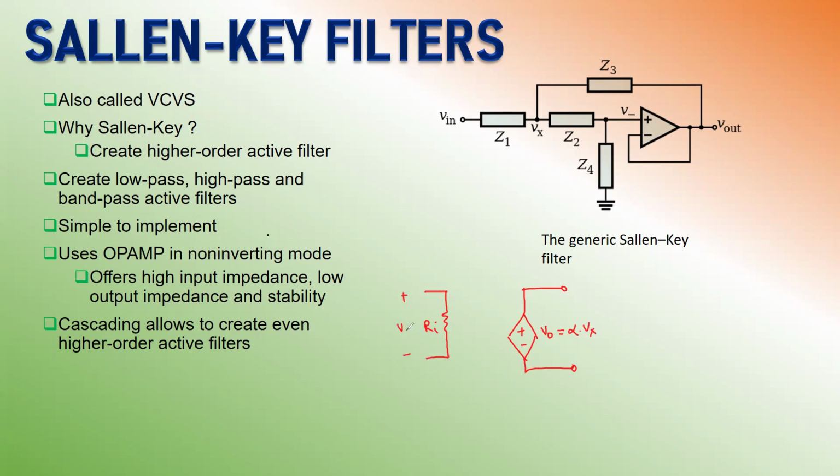The input voltage is right here. So Vo is dependent on the input voltage Vx, right? That's why we call it a dependent voltage source. And this is an equivalent model.